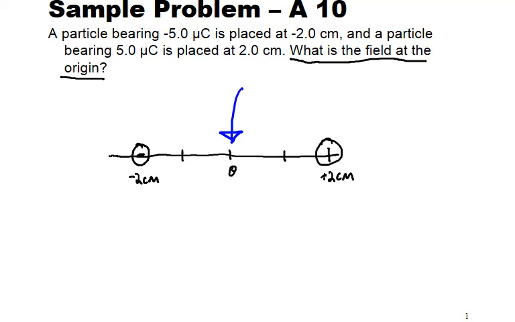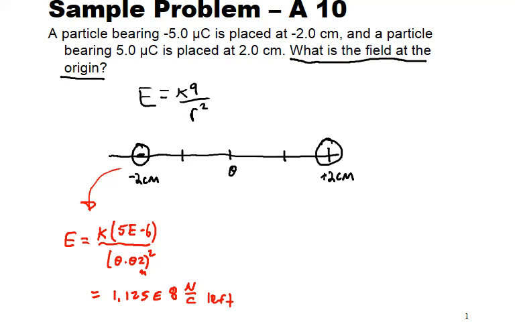So for this one, if we want to find the field due to this charge, we place a proton here and ask where it would go. Well, the proton would go to the left. So it would be blank newtons per coulomb to the left, which we calculated here: 5 microcoulombs, and 0.02 meters from the centimeters, and then we square that.